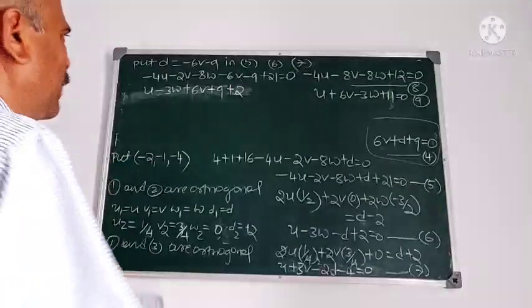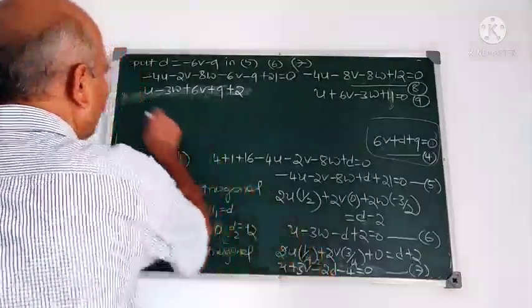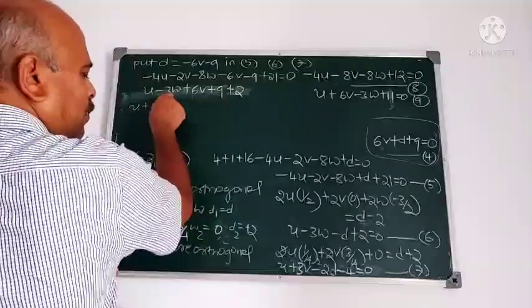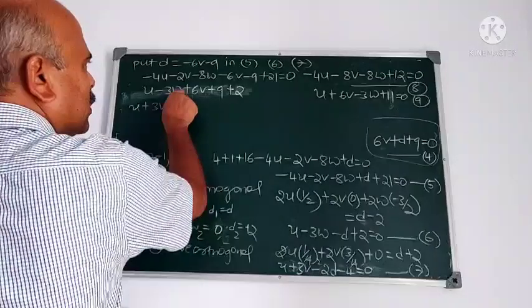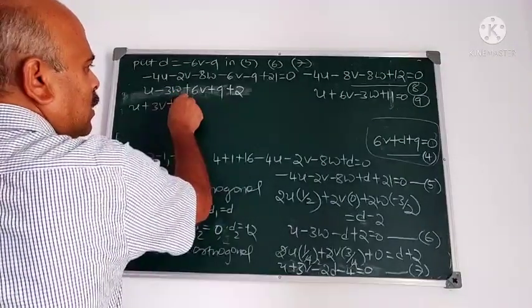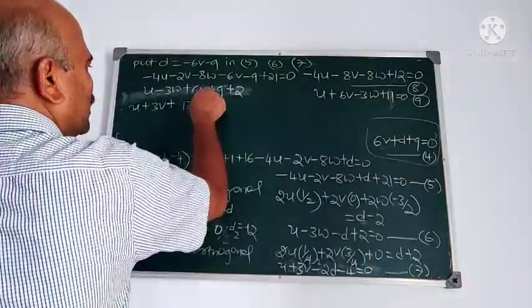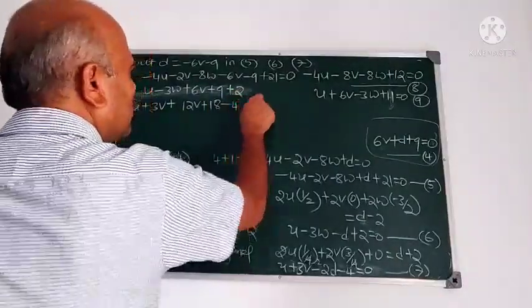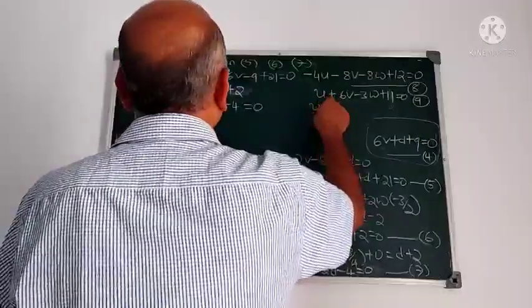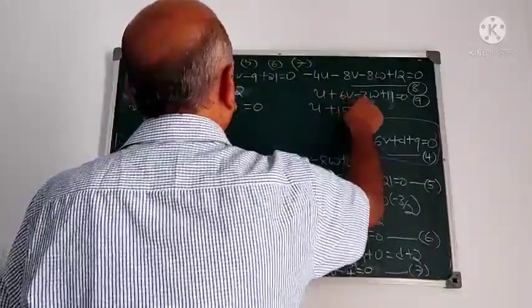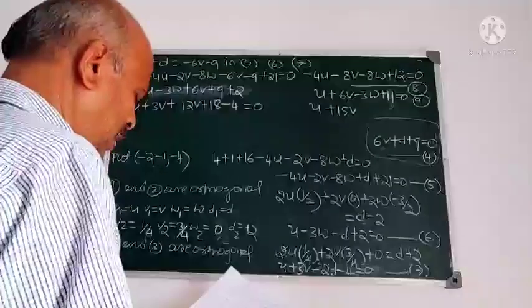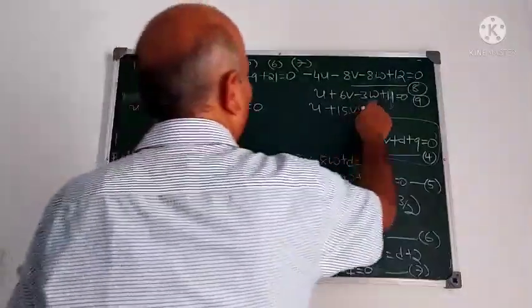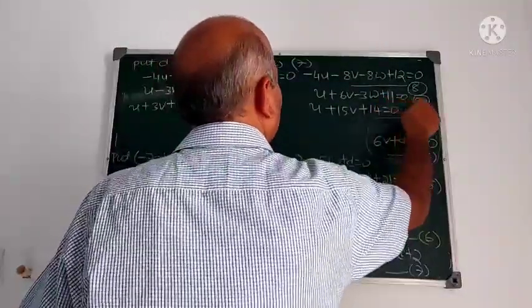This is 9. And from 7, u plus 3v, then it will be plus 12v plus 18 minus 4 is equal to 0. Therefore u plus 15v plus 14 is equal to 0.